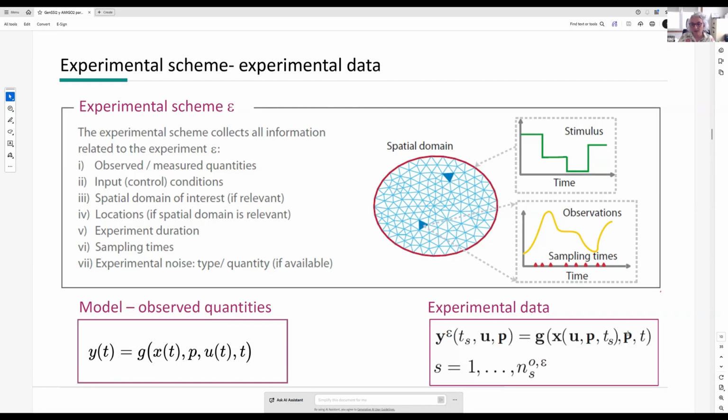And the experimental data will be a matrix of data which represents exactly the numerical measurements corresponding to the observed quantities for a given experimental scheme, for the number of sampling times we have.